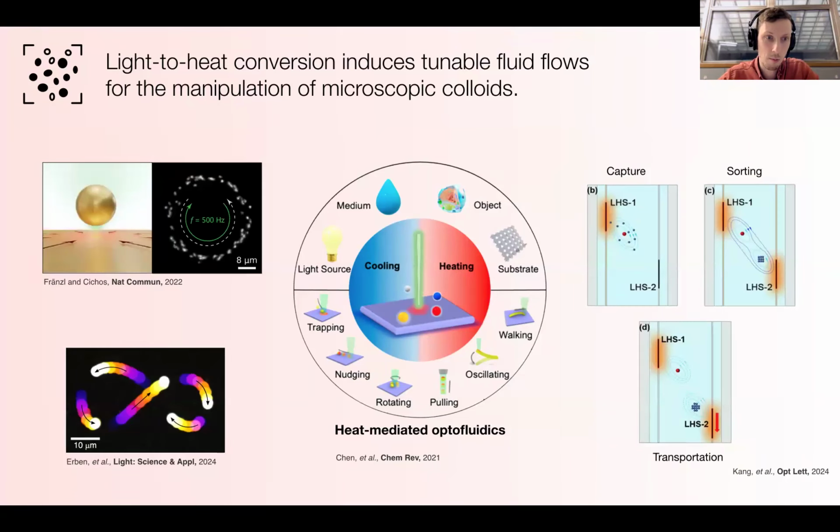Here are a couple more examples, very specifically in the field. The way it basically works is that you somehow create a temperature gradient using light, right? So you don't use light directly to manipulate the particles, which is more like the optical tweezing community. Here we really just use the temperature modulation by getting different types of temperature gradients and landscapes with which you induce fluid flows.